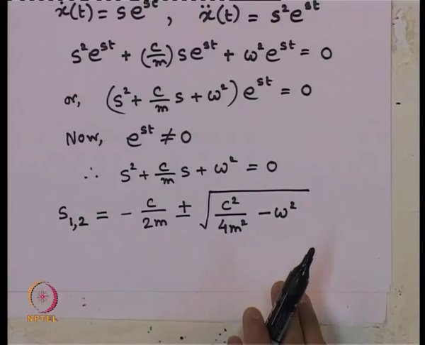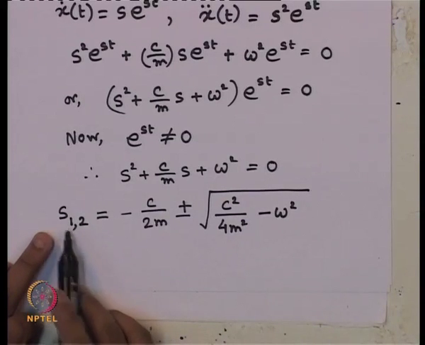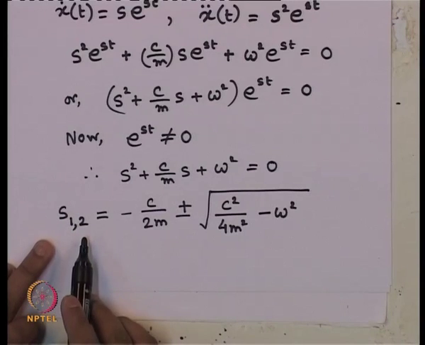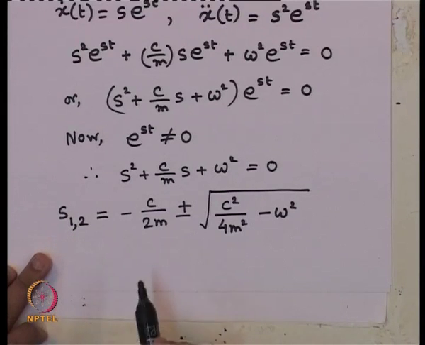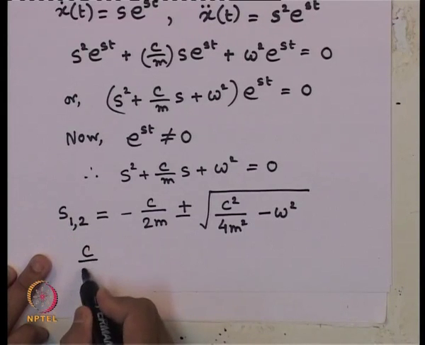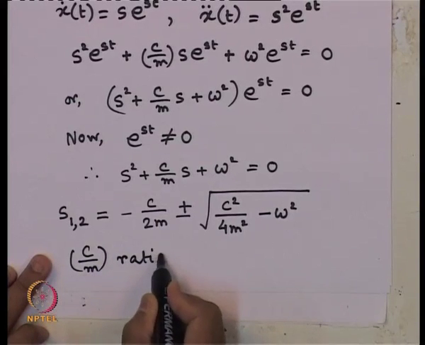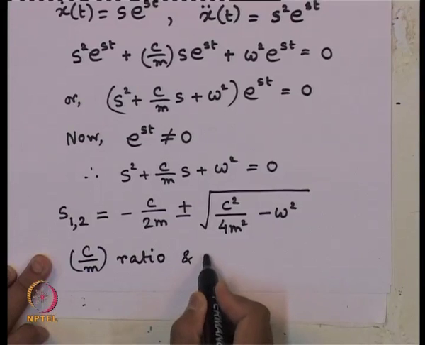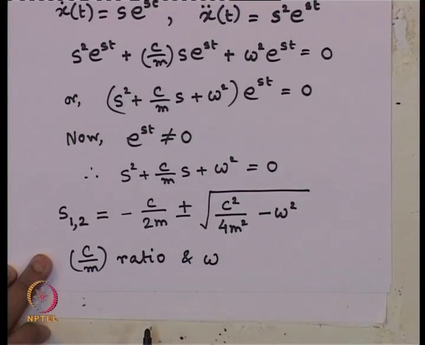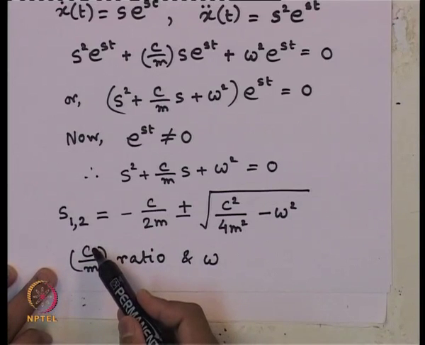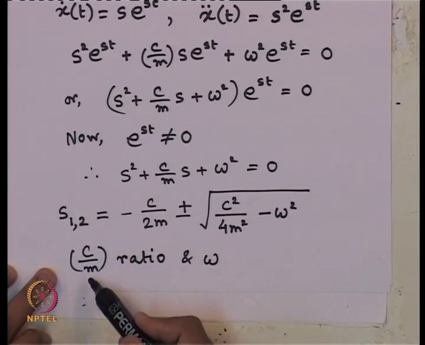Now, one thing, these roots s 1 or s 2 depend on the ratio c by m and omega. So, these roots do not depend on the individual value of the damping coefficient or the mass, but they depend on the ratio of the damping coefficient and mass.